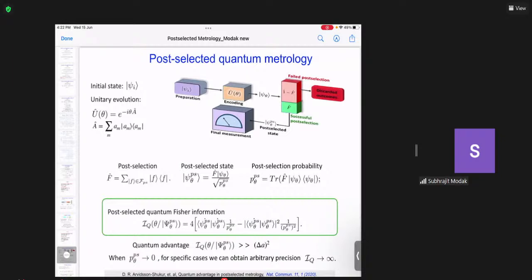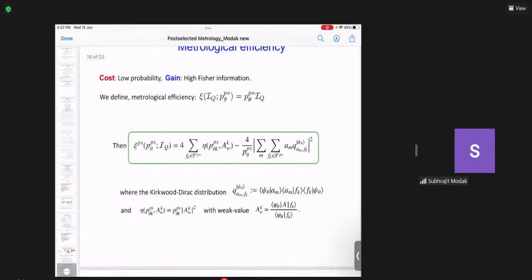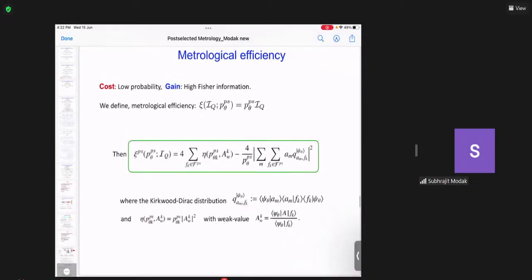So yes. I am not going into this because these all define the metrological efficiency, how efficient our protocol is. Because you have this weak measurement kind of setup with post-selected states, you can write your expression in terms of weak values, right?